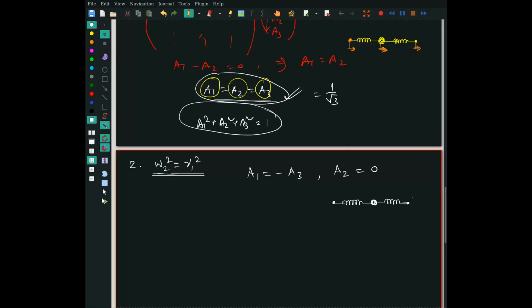Now again, draw that molecule, and let us try to see what is happening in here. So now I got that A2 equals 0. That means the central molecule is fixed. It doesn't go anywhere. And A1 equals minus A3 means if this fellow moves 1 micrometer in this direction, then this one should move 1 micrometer in this direction, because their movement is in the opposite direction because of this minus sign.